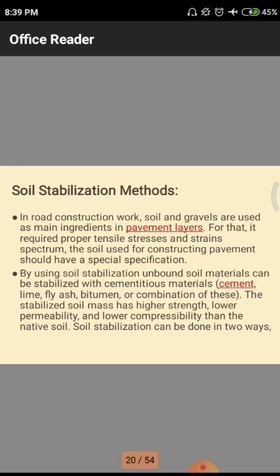To meet the requirements for tensile stresses and strains, the soil used for pavement construction should have a special specification. Why? Because the road has to bear too much load. Whenever vehicles move, the tire gives too much stress to the road, so there may be compressive or tensile stresses.